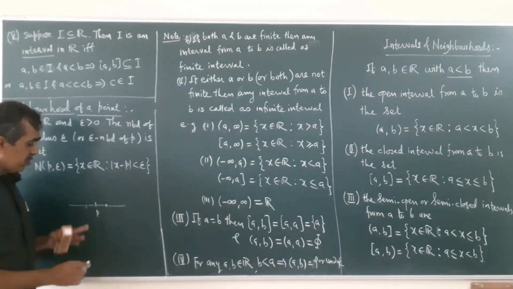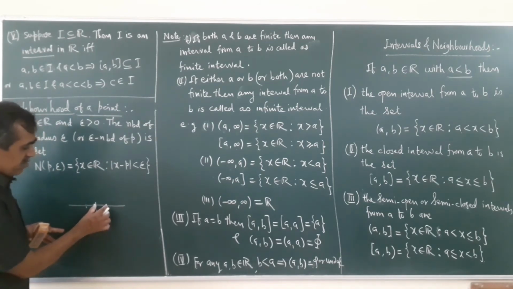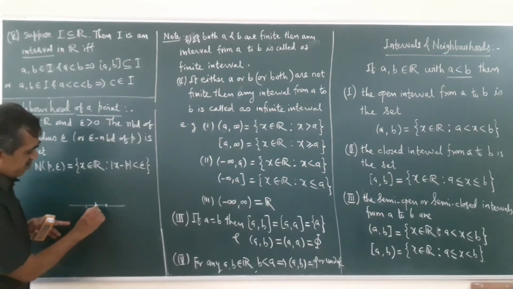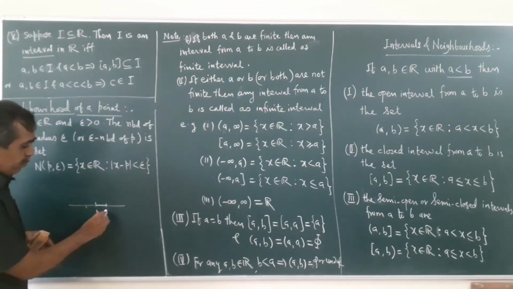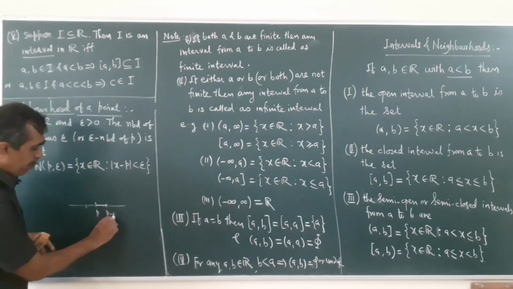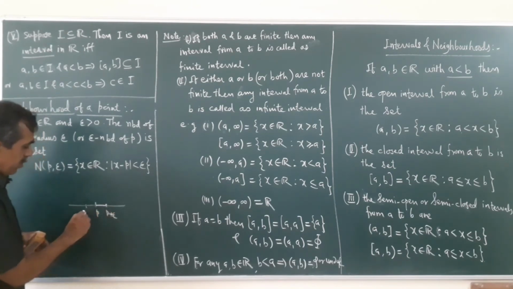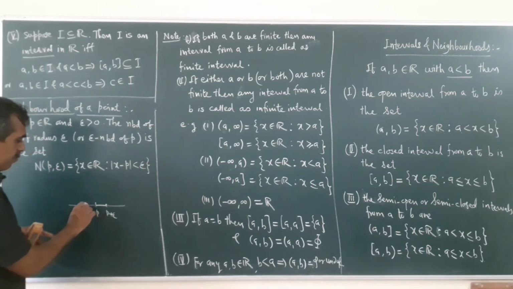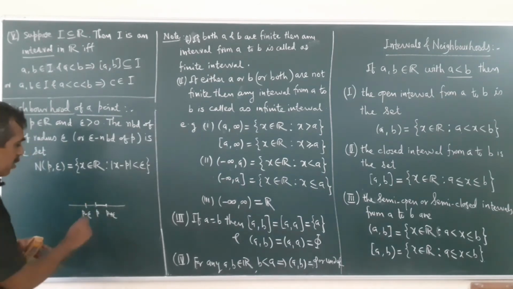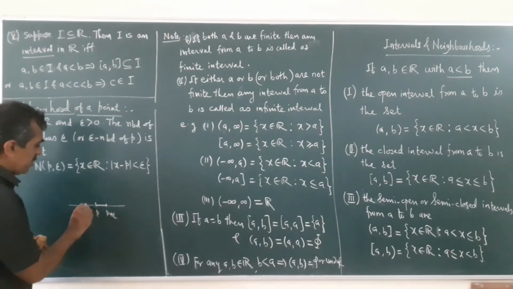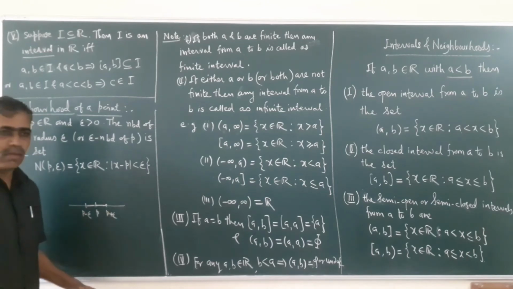Tell me, what is the number here? This is P plus epsilon, and this number will be P minus epsilon, right? And this distance is epsilon, this distance is epsilon.